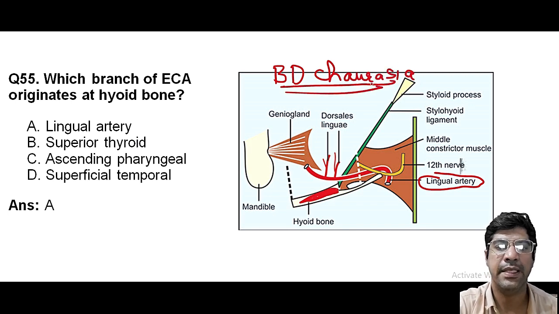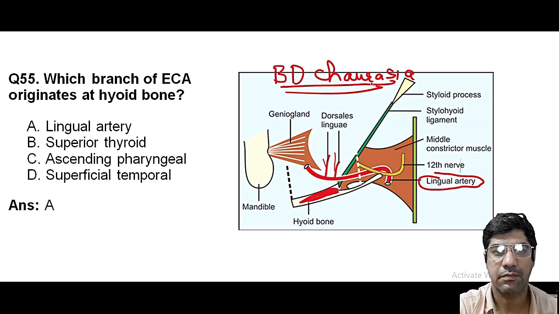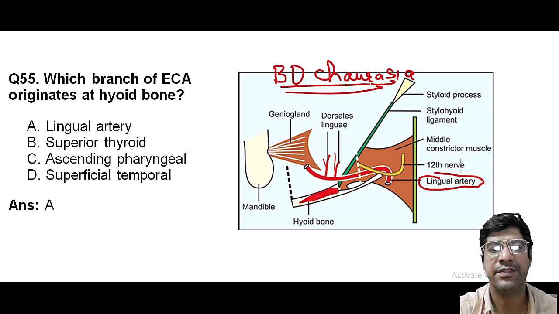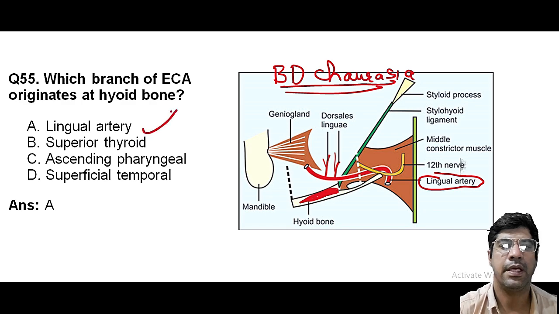BD Chaurasia is a must for your entrance examination. Many questions are direct picks from this book or Gray's Anatomy. The lingual artery originates from the external carotid artery just above the level of the hyoid bone in the neck. So the answer is A.